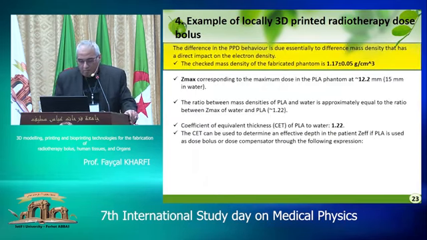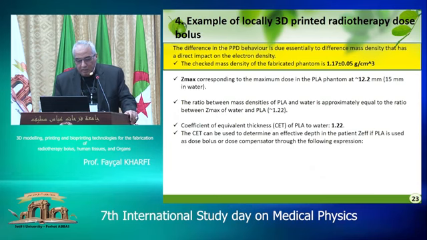So, from this first characterization, we first determine the effective density of the used material, which is 1.17 gram per centimeter cubed. This is the effective value. We use it in the TPS.